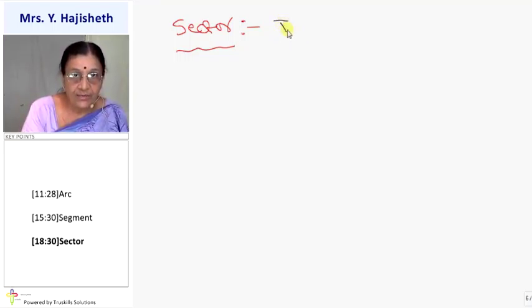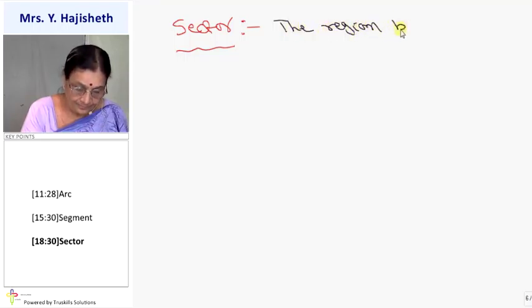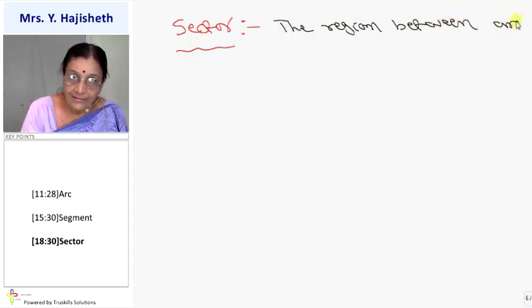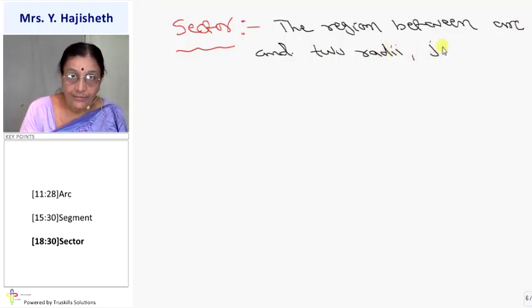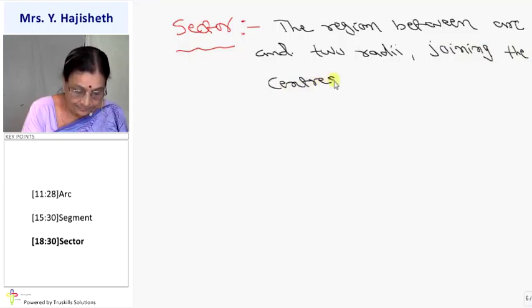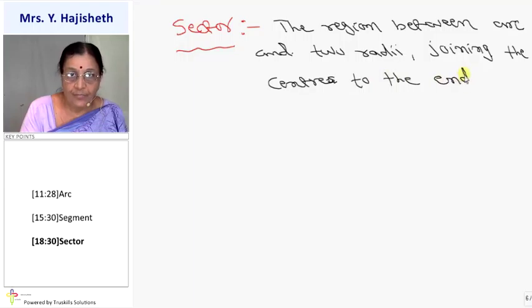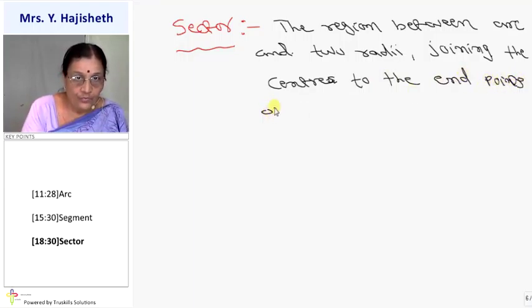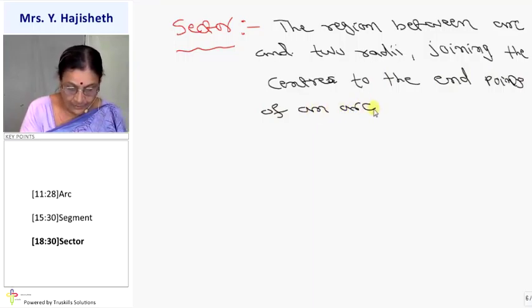The region between an arc and two radii joining the center to the end points of an arc is called a sector.